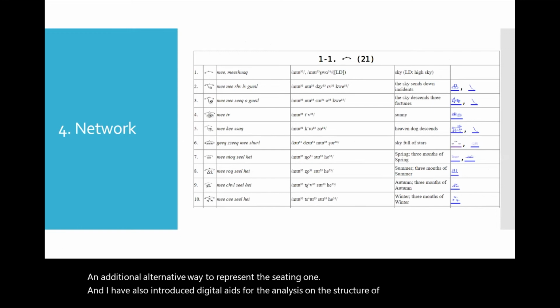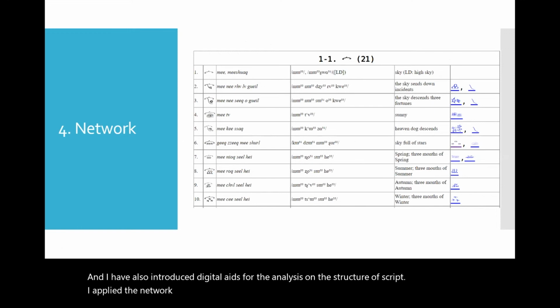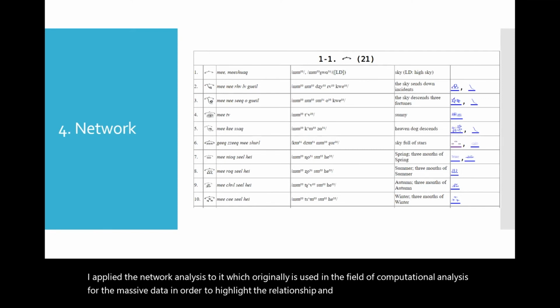I applied network analysis to it, which is originally used in the field of computational analysis for massive data relationships and traffic. And here is a screenshot of the database I have prepared.